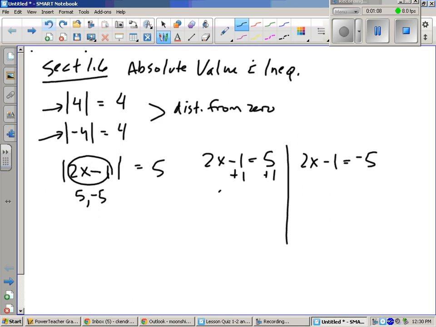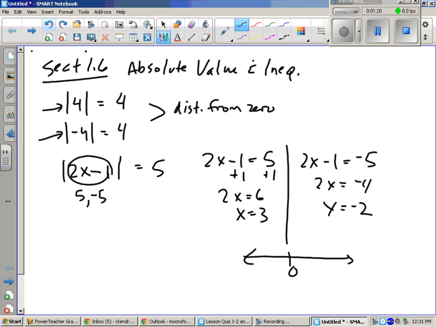So adding 1, 2x equals 6, x equals 3, and over here 2x equals -4, x equals -2. And then if you want to put that on a number line, if it says to graph, you put a dot there and you put a dot at -2. So that would be how you solve an equation. And remember, there's always going to be two answers, two ways to do that.